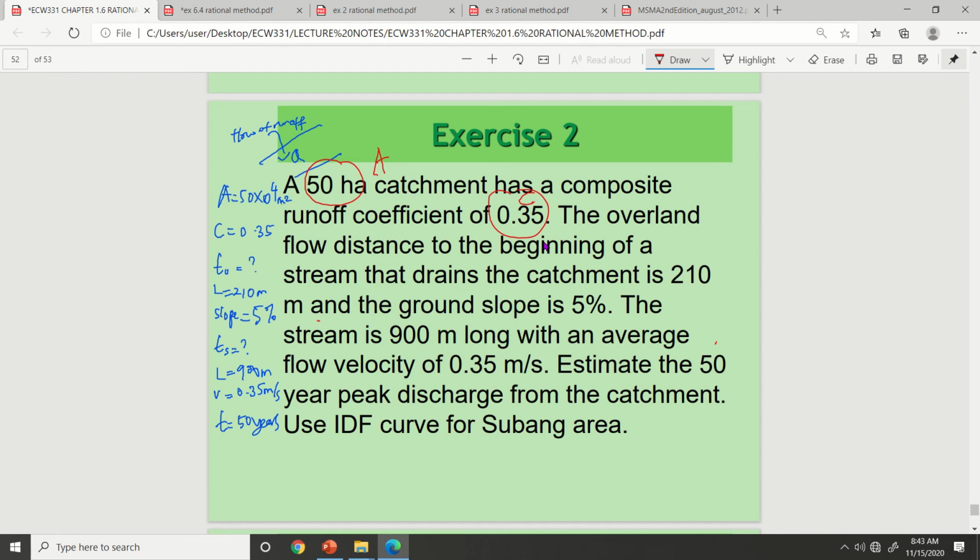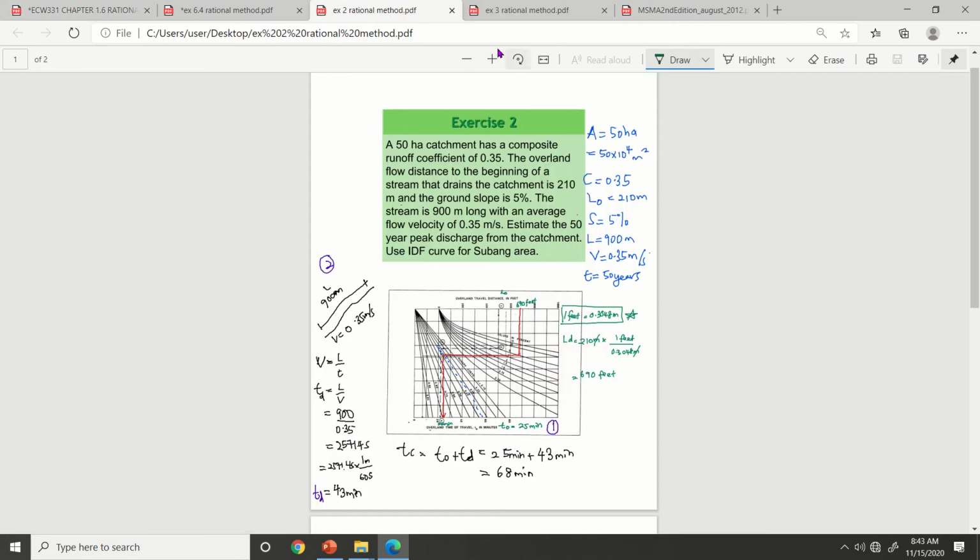The ground slope is 5%, and the stream is 900 meter long with an average velocity of 0.35 meter per second. So estimate QP for 50 years peak discharge using the IDF curve for Subang. This one is exercise number 2.